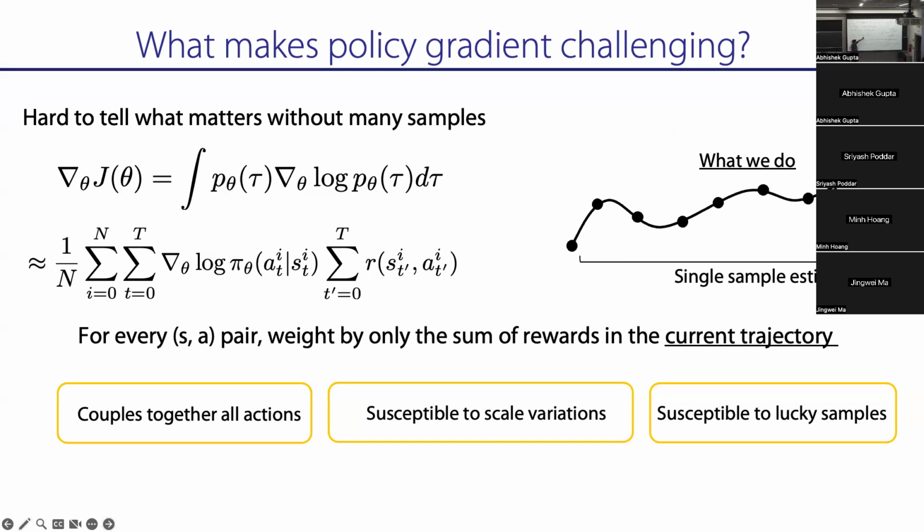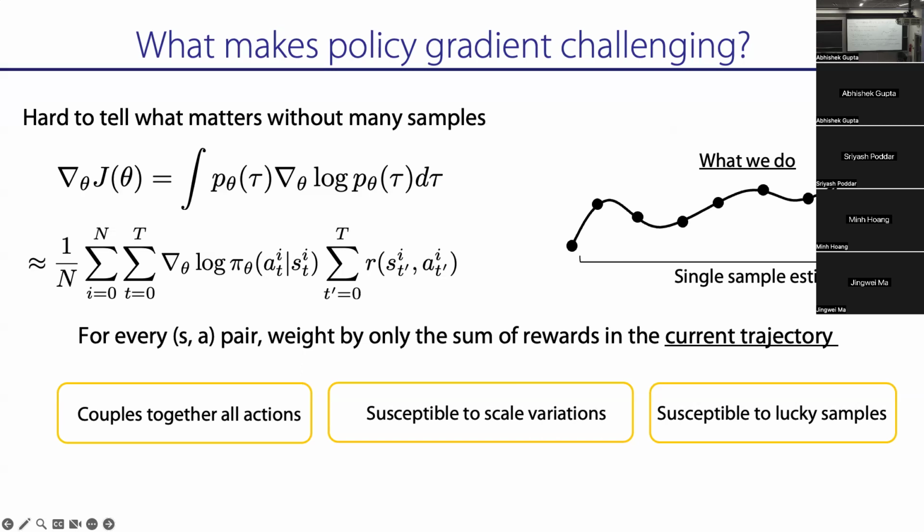You're considering grad log pi. It's weighted by the sum of reward from t prime equal to 0 to t, which means the grad log prob at time step 10 is being affected by rewards at time steps 0 to 9, even though the action at time step 10 cannot affect what happened at 0 to 9. So it really shouldn't affect anything, right?